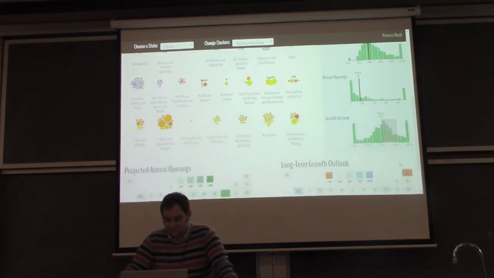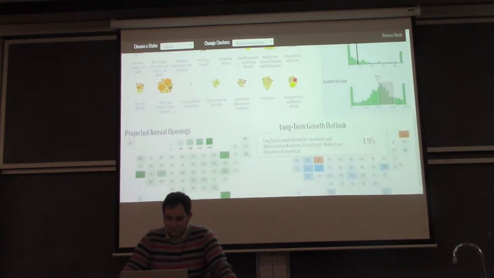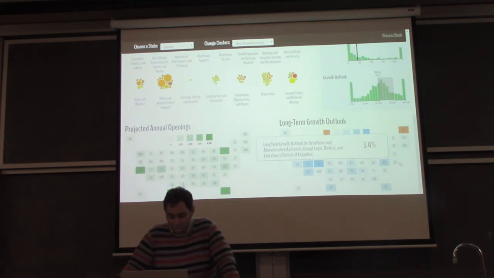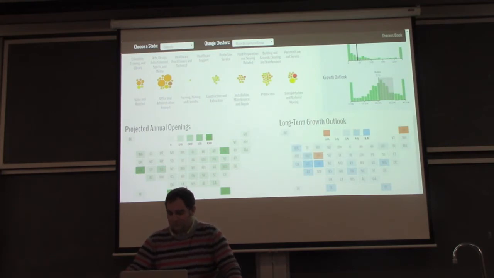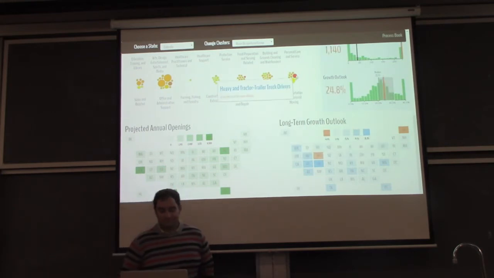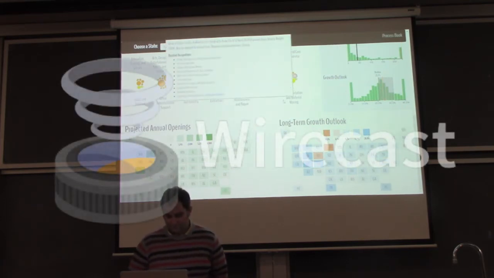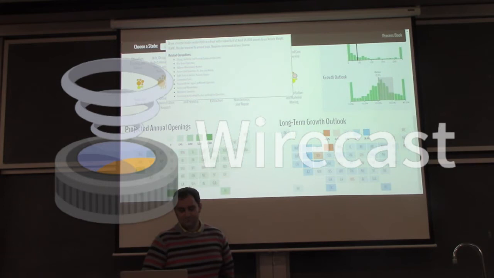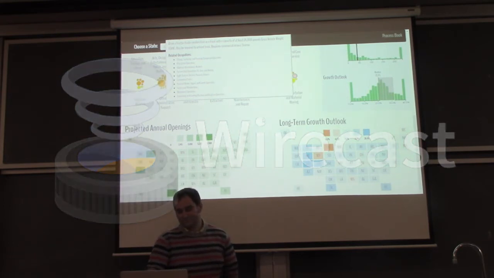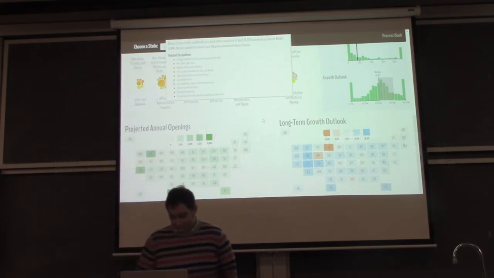Below the cluster chart, you will find two maps that give some geographic context to each occupation as you click on them in the cluster chart. Click on your job of interest in the cluster chart, and the map on the bottom left will update to show which states have the least to most openings. The map on the right will update to show where that occupation is growing the fastest.